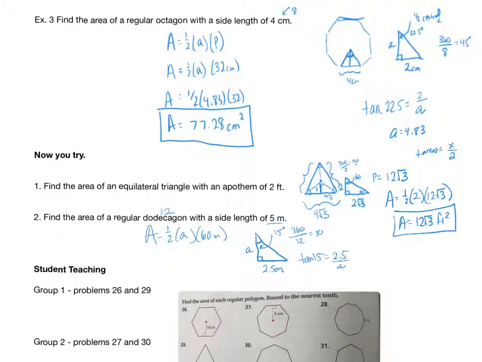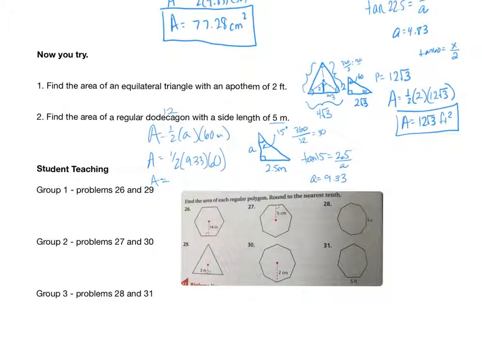It would be 2.5 divided by tan 15. So A is 9.33. So now I can plug that in. A equals 1/2 times 9.33 times 60, and half of 60 is 30, so I'm essentially doing 30 times 9.33. Area equals 279.9 meters squared.